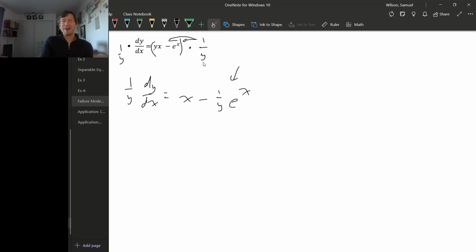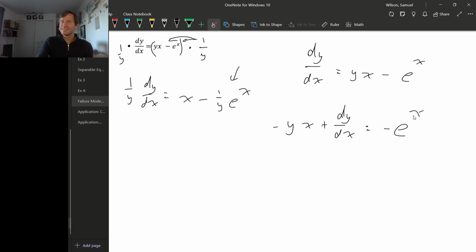Another thing we could try, so let's start over with dy/dx equals yx minus e to the x. Another thing we could try is maybe just moving this yx term to the left-hand side. So minus yx plus dy/dx equals minus e to the x.